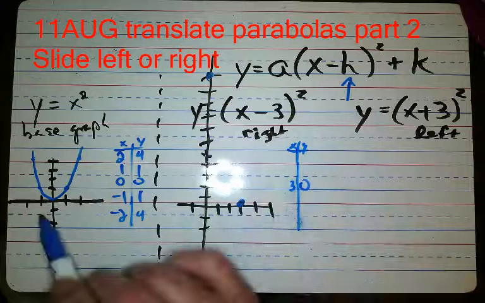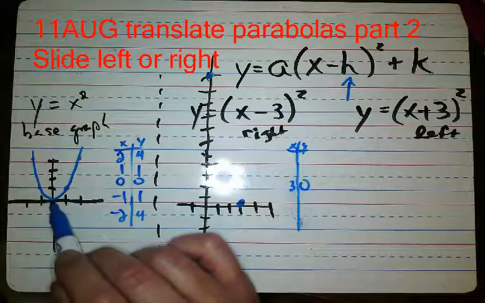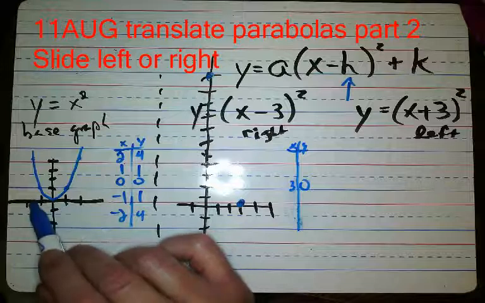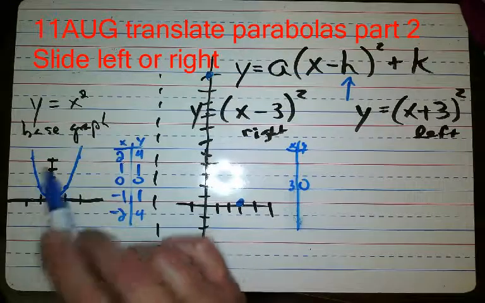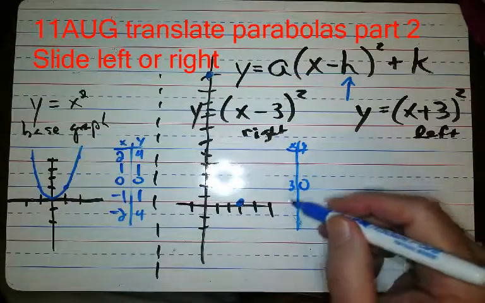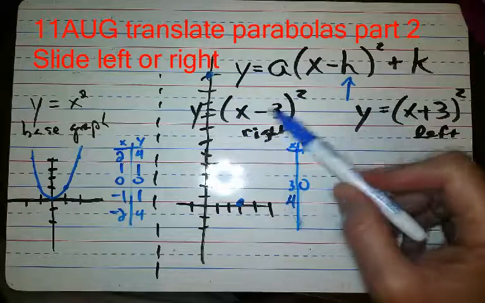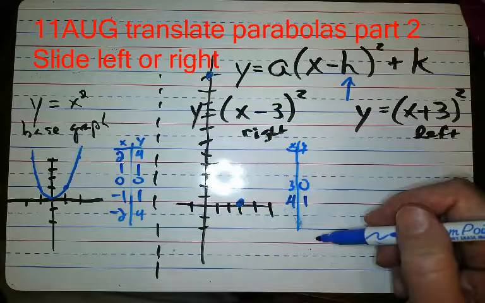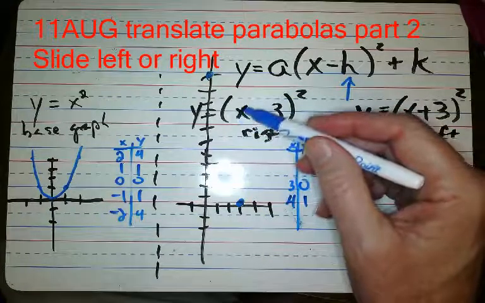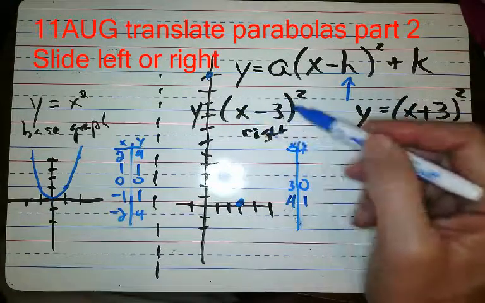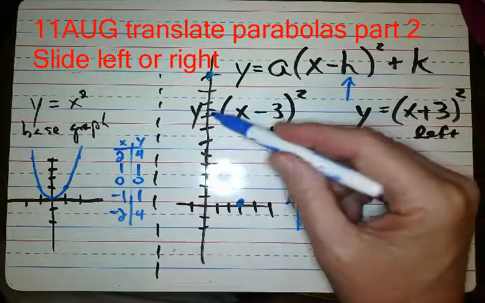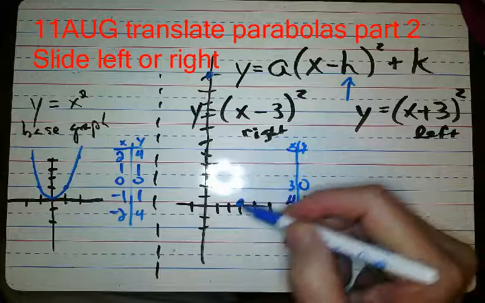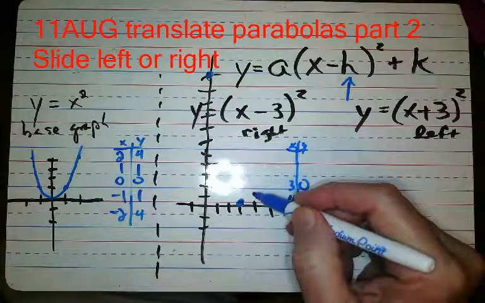So now, just like before, if I go one to the right of the vertex, and one to the left of the vertex, that's where my parabola goes. If I go to the right of the vertex, I'll put 4 here. 4 minus 3 is 1. 1 squared equals y. y is 1. So I'm right there.